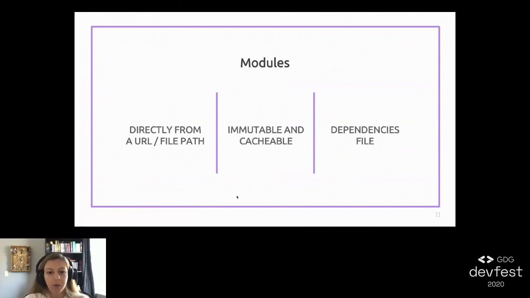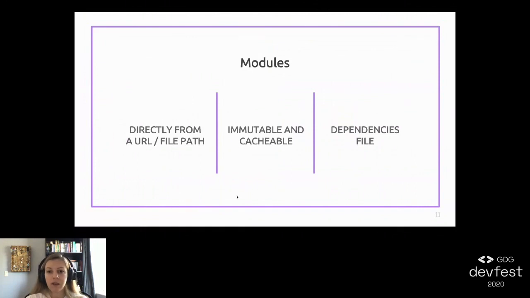As we saw, we import them directly using ES6 module syntax from a URL or a file path. The problem with that, I'm going to talk about in a moment, but all of the modules are immutable and cacheable, which is nice because you have to use a specific version of the module and it's cached locally.